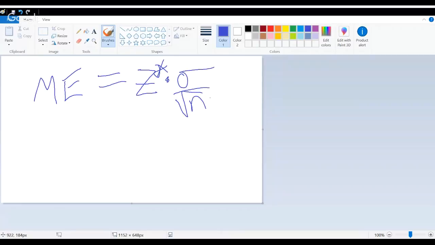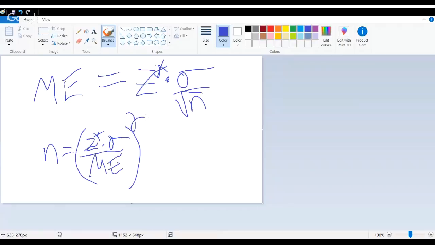You can solve this for n on the spot, or the formula to memorize is this. Basically you're just swapping margin of error and square root of n and squaring. That's for means, and it's always a z star. It'll never be a t star. Just remember, you always round up on minimal sample size.